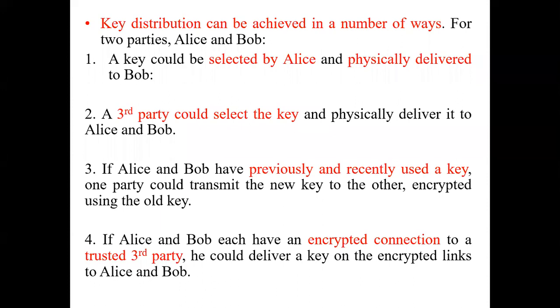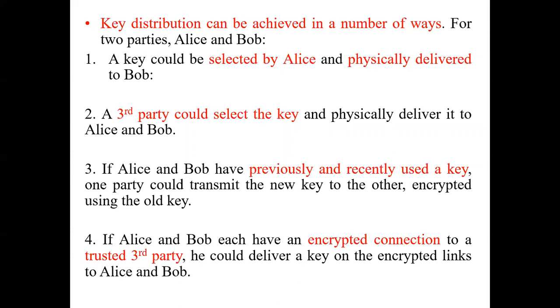Second option is the third party could select the key and deliver it to Alice and Bob. Third option is both Alice and Bob already used a key previously or recently, so they can encrypt with that key.